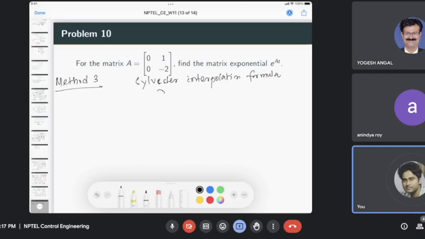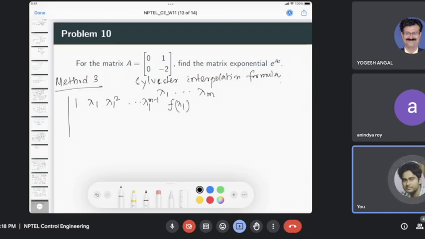For an n order system, there are n eigenvalues. Then we write this matrix: first row 1, lambda 1, lambda 1 square, up to lambda 1 to the power n minus 1, then f of lambda 1.